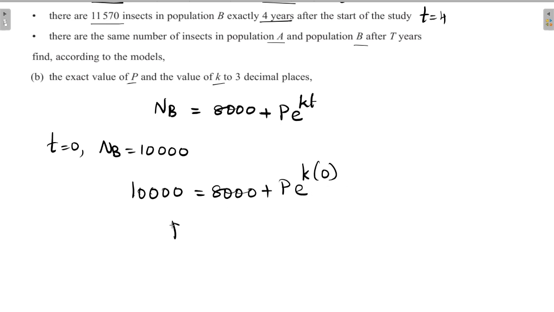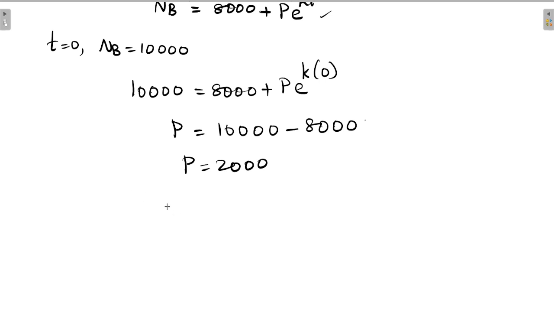So P equals 10,000 minus 8,000, so the P value is 2,000. Now we replace this P value in NB, so NB is equal to 8,000 plus 2,000 e power kt.